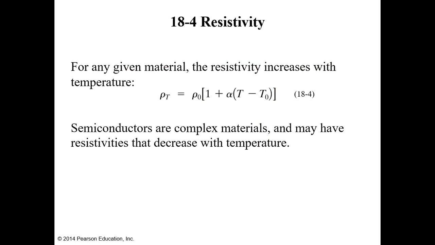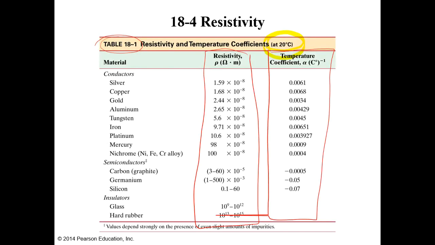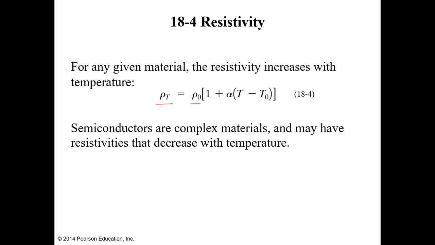And to correct for any changes in temperature, here's the equation we use. The resistivity at some temperature T is going to be the resistivity at a known temperature. For us, that would be from this table, 20 degrees. So we're going to say that rho 0 is equal to the resistivity at 20 degrees Celsius.